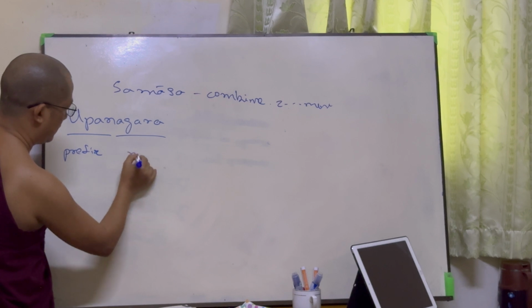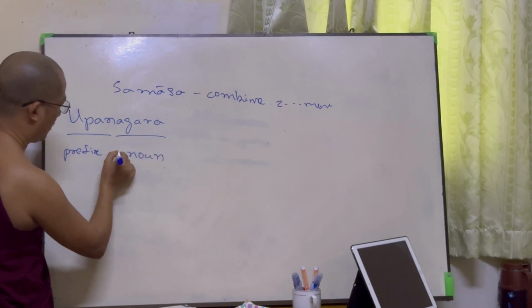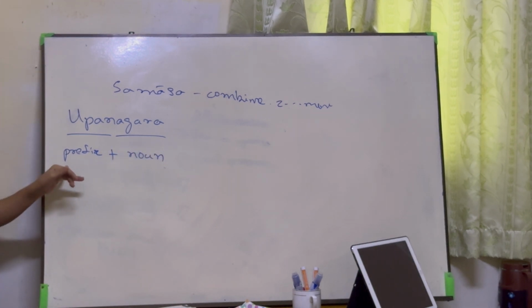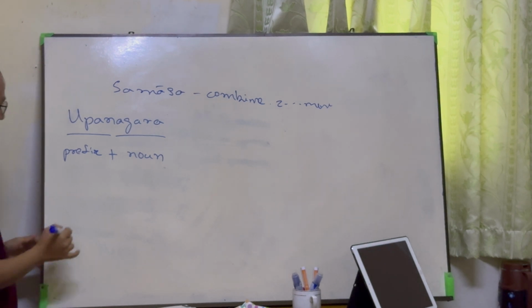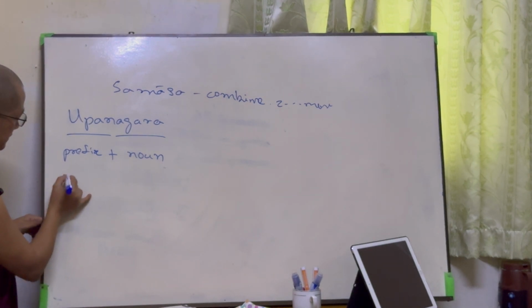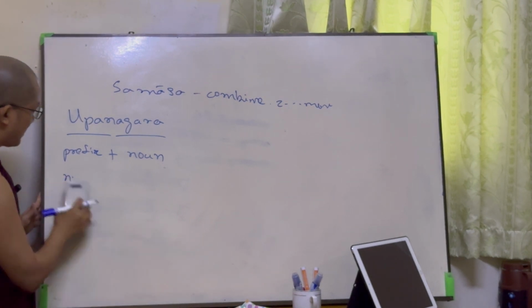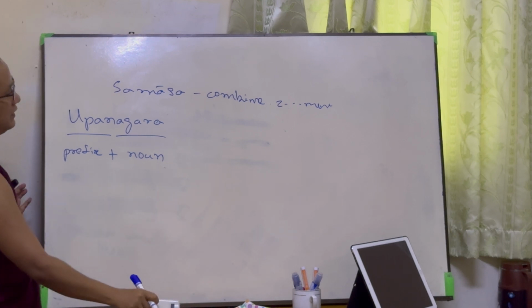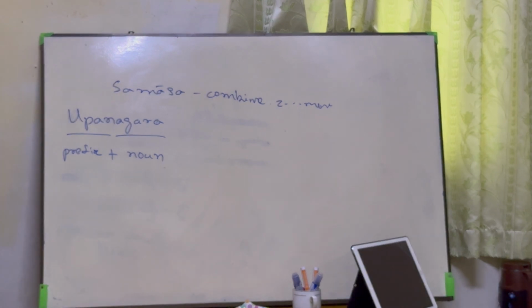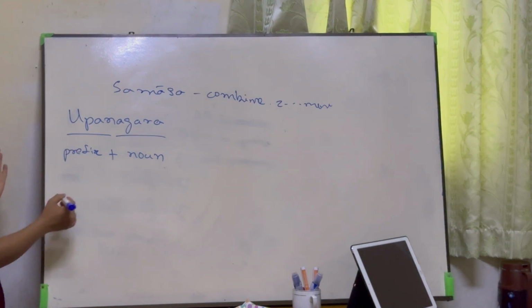Nagara is the noun. Sometimes prefix plus noun also we use. Nagara means city. Prefix here, we already studied the prefix in the BAA, Upa. Upa Gichiti, right? Gichiti means the go.